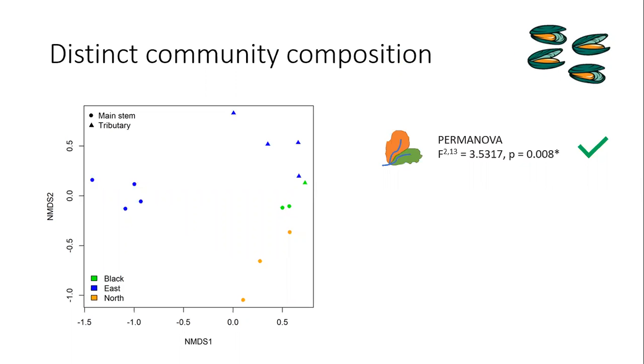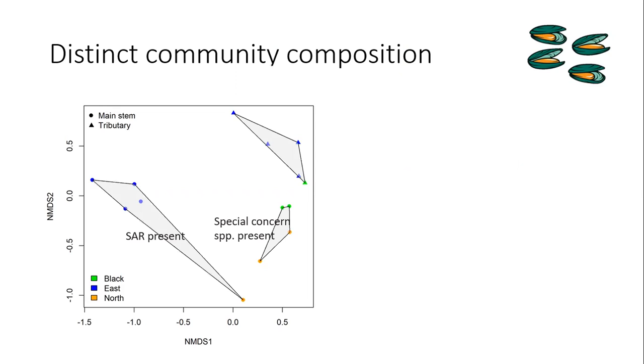We found that when tested using permutational analysis of variance, there was a significant difference across sub-watersheds, which is shown by the different colors on this plot, and also between tributaries and main stem, shown by the different shaped symbols.